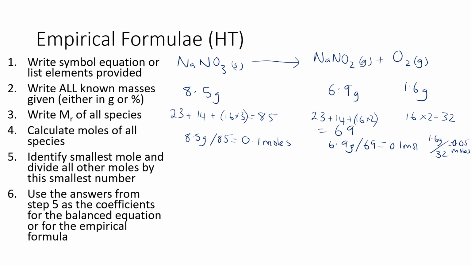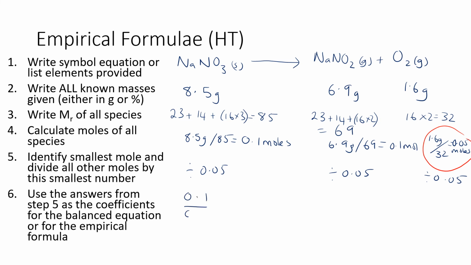And then now we do a slightly different step. Now we are using ratios again. What I have to do now is identify the smallest mole, and I've identified it as 0.05 for oxygen. In step 5, I divide all of the other moles by 0.05.